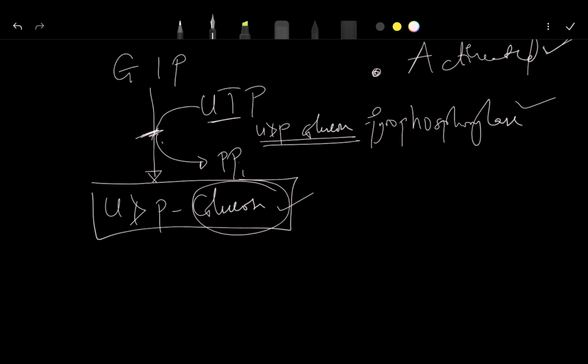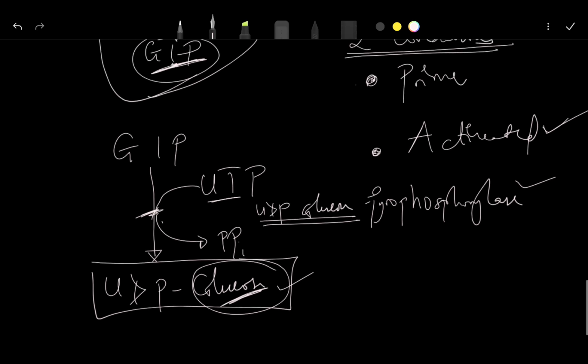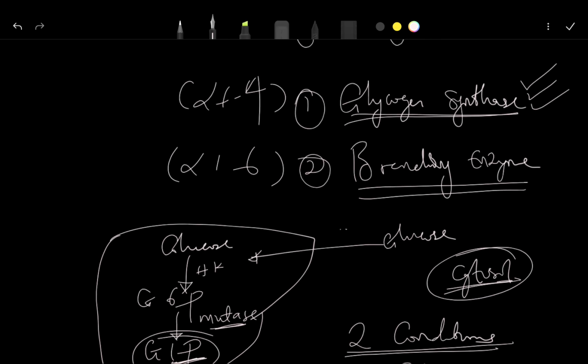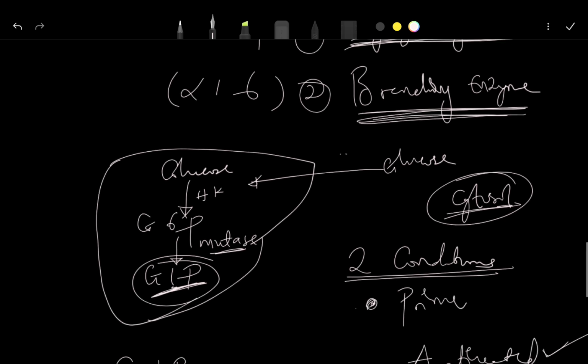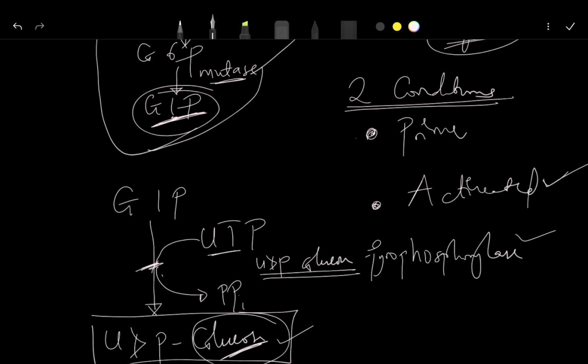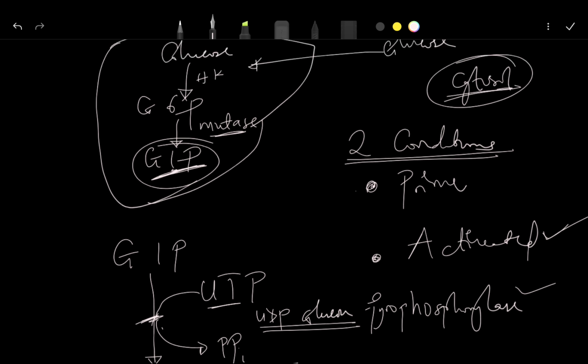You need to start picking the glucose from here and use it to synthesize your glycogen. Again, I said that there are two main enzymes in glycogen synthesis: glycogen synthase and branching enzyme. I said there are two conditions that glycogen synthase will give to you. One, you must have a primer, and number two, the glucose must be activated.